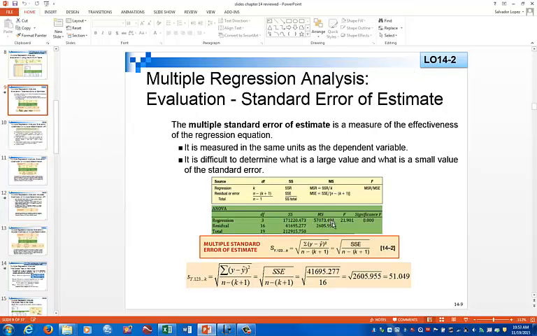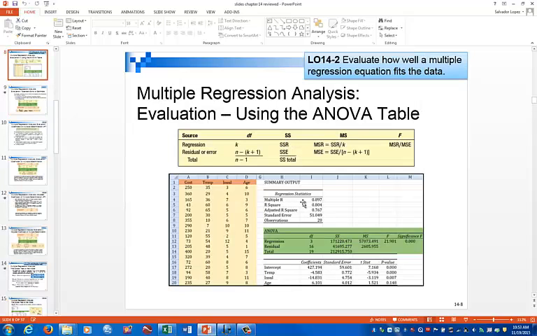We know that the MSE is the number 2605.955, which is the SSE divided by 16. Well, if we can calculate an MS total, it'll be SS total divided by 19. So we'll get another value here. The ratio of those two values is what is subtracted from 1 for the adjusted R squared.